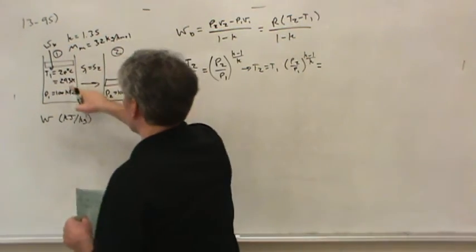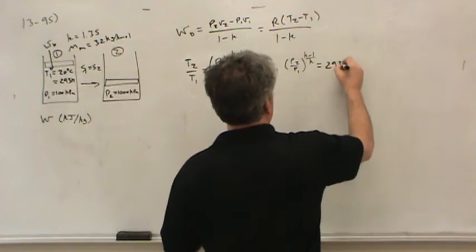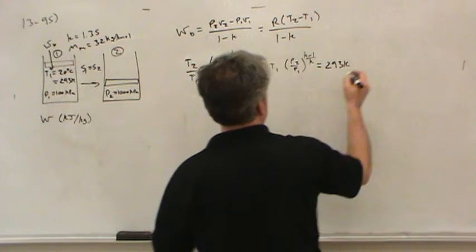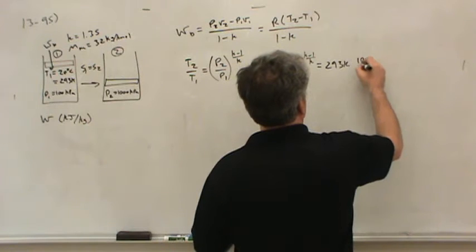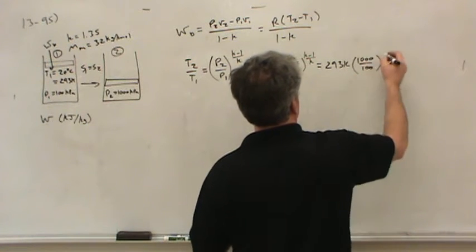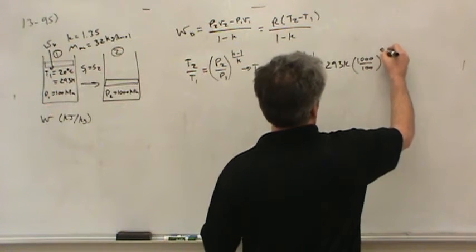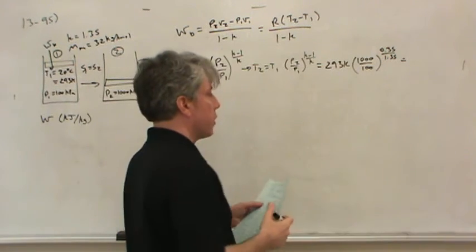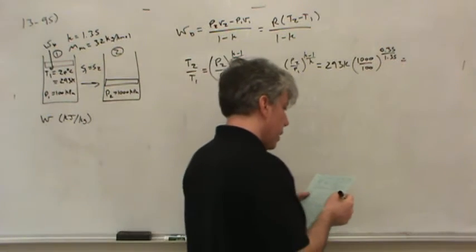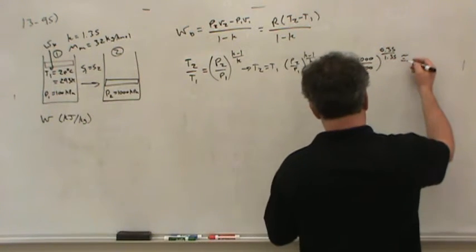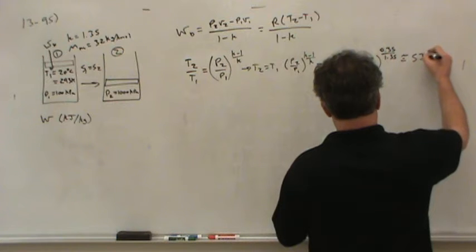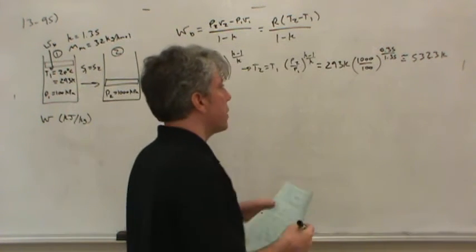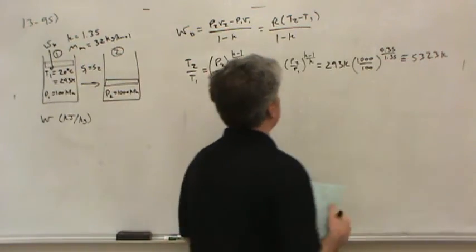It's a good thing I changed that temperature, because now I need the absolute temperature, 293 Kelvin. The pressure ratio, 1000 over 100, is just 10 to 1. So this is 10 to the 0.35 over 1.35. I just subtracted the 1 from k as I wrote it. And that comes out to a temperature in state 2 of about 532.3 Kelvin.